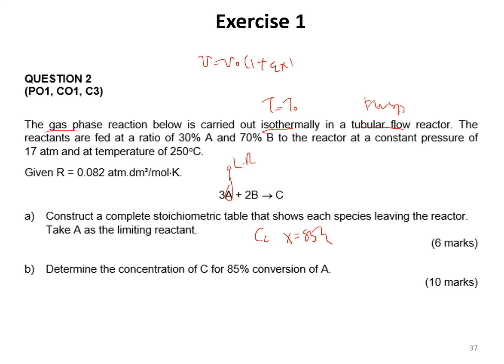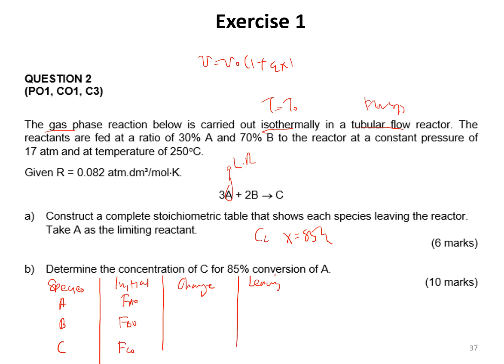So you have to make a table, where the first column would be the species, the second column is the initial, then we have a change here, and then we have a leaving here. The species are denoted A, B, and C: F A naught, F B naught, and F C naught.